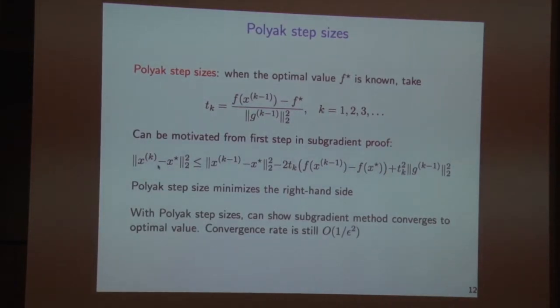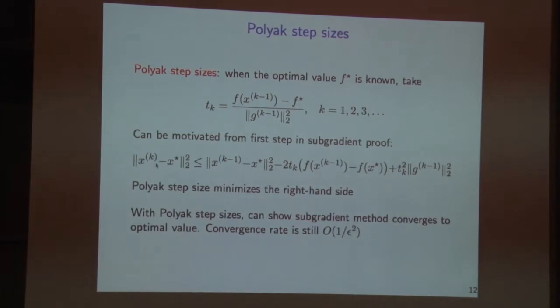This bound came from just plugging in the definition of x_k in terms of x_{k-1} minus t_k times the subgradient, the rule for x_k, expanding the square, and then using the definition of a subgradient. That's where this bound came from. I didn't go through the proof, but like I said, you should step through that if you're curious after class.